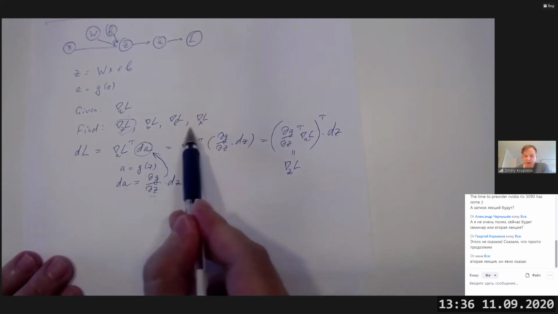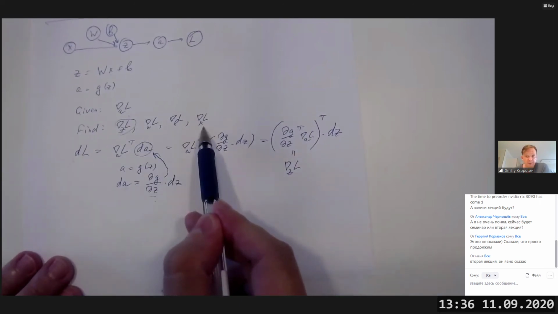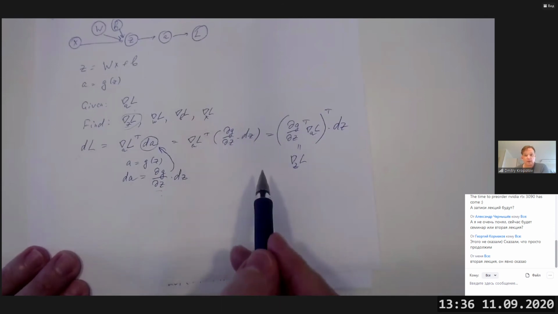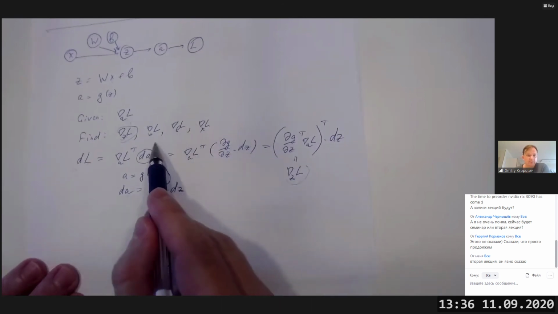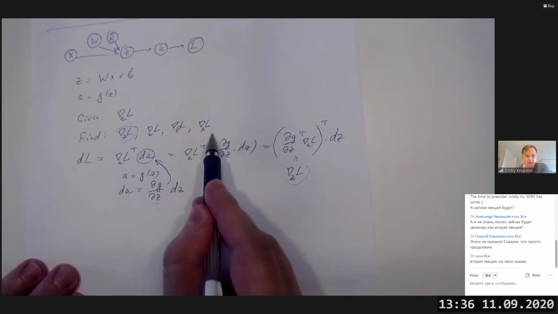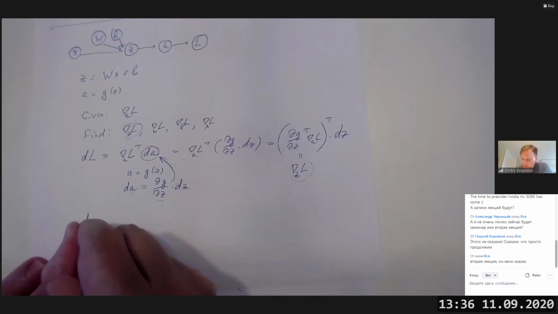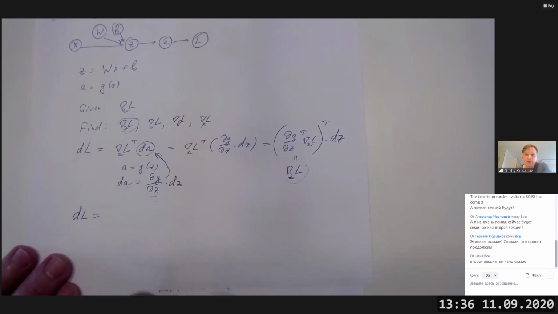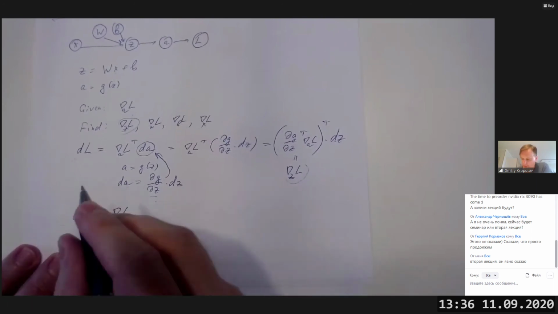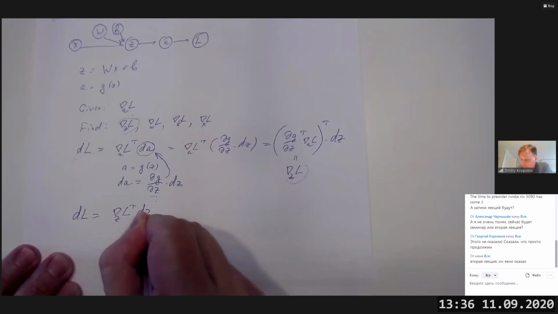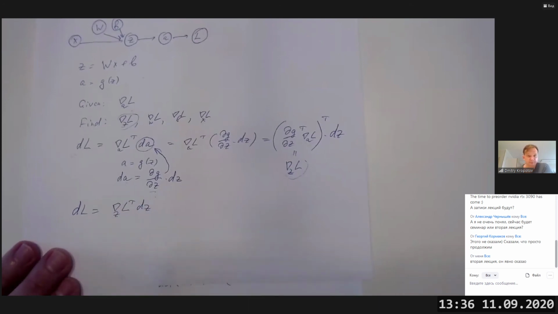In a similar way, we calculate the residual gradients. So now, suppose we know the gradient of L with respect to z, and we would like to calculate these three terms. So our differential of L can be expressed in two ways. From the one side, as a function of z, this is just this inner product.